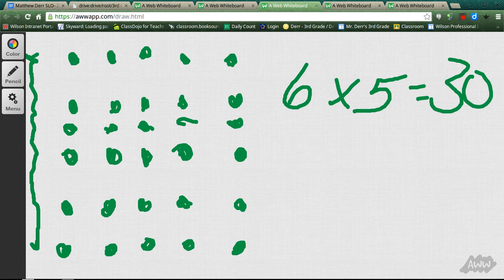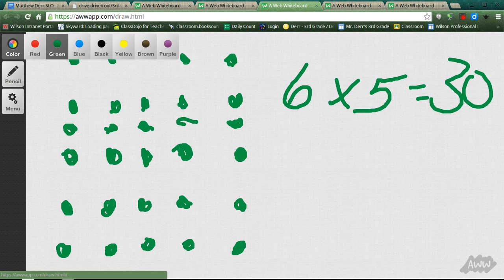But what if, and I'll get rid of that line there, I told you that you needed to separate it, and you needed to make that one multiplication problem into multiple multiplication problems and still get 30. Well, let's keep 5 in each row.